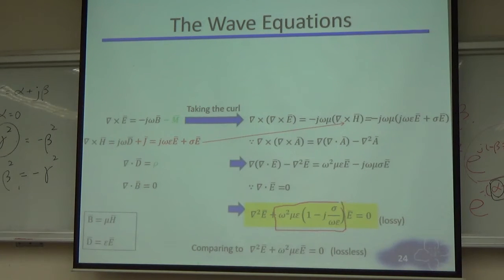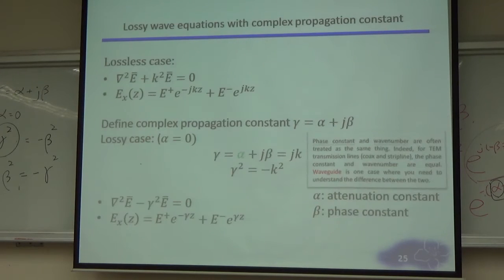This is a new term with lossy, and this is the lossless, the old term. For the lossless one, it is this one, and if you have a loss, you have alpha plus j beta equals gamma.